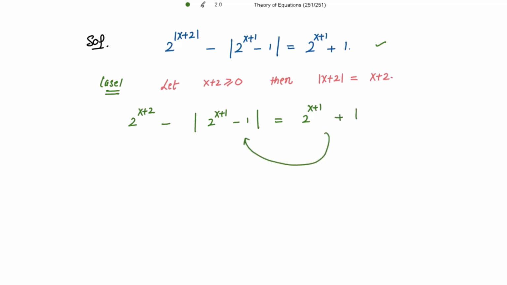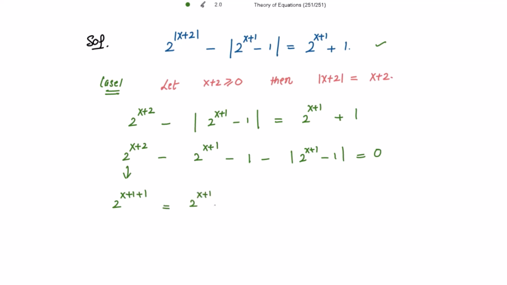Taking the right hand side to the left hand side, we get 2^(x+2) − 2^(x+1) − 1 − |2^(x+1) − 1| = 0. I can write 2^(x+2) as 2^(x+1) into 2, right?